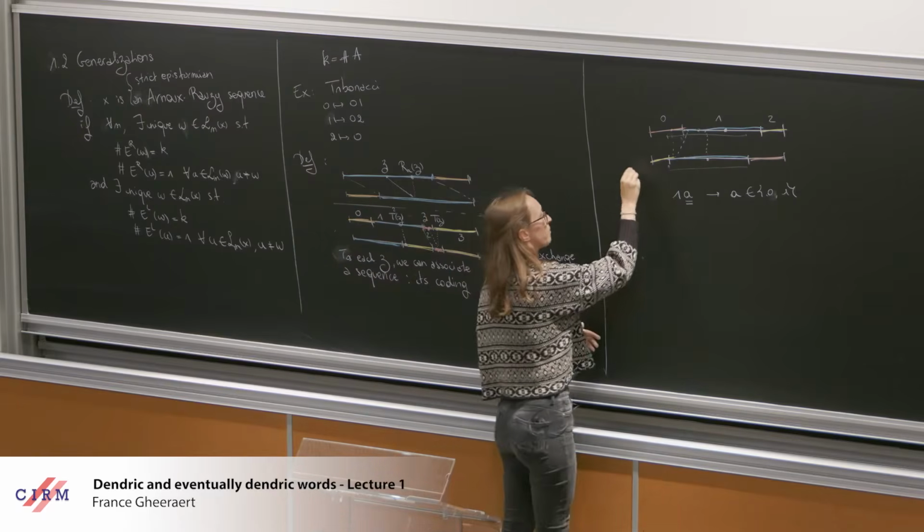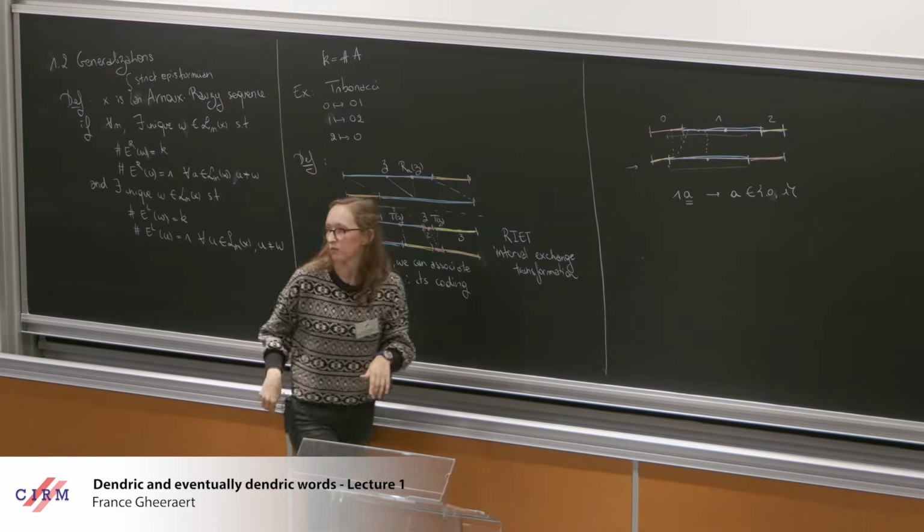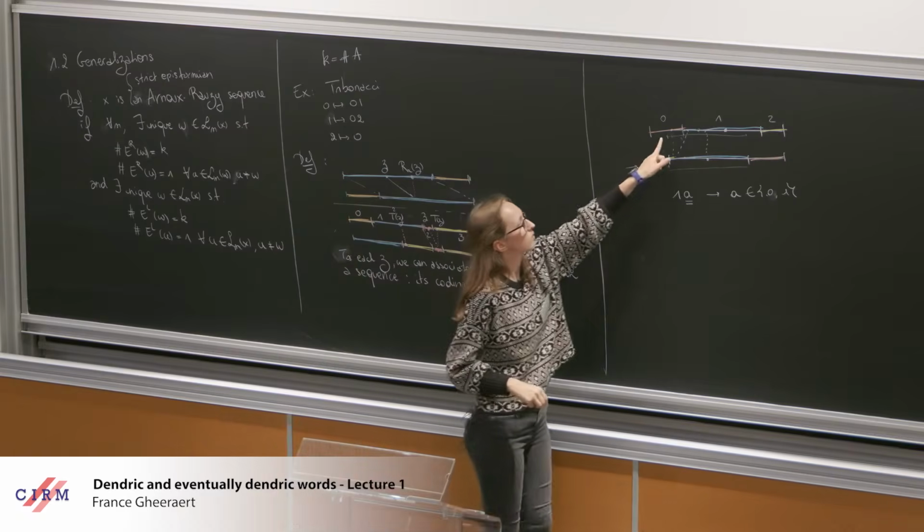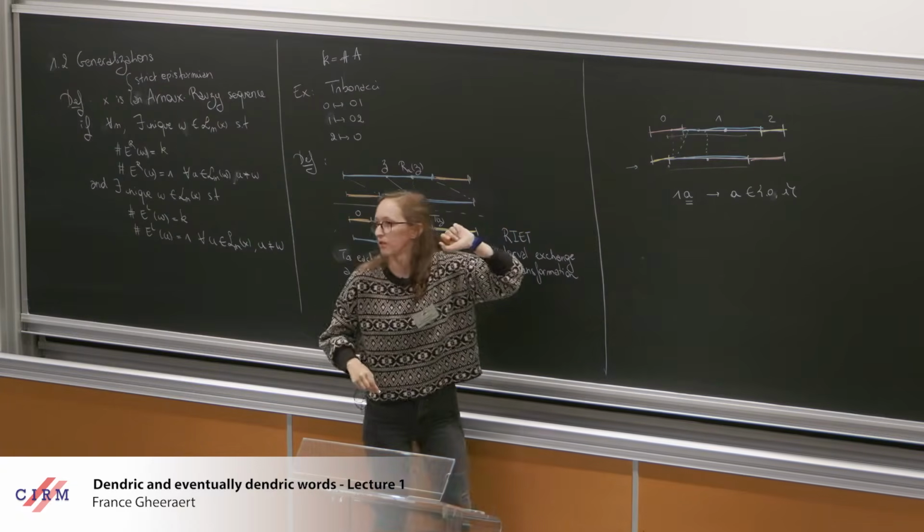So how do we see right extensions of 1? Well, we look at the bottom copy of the 1 interval and look at what are the top intervals across it that intersect it.